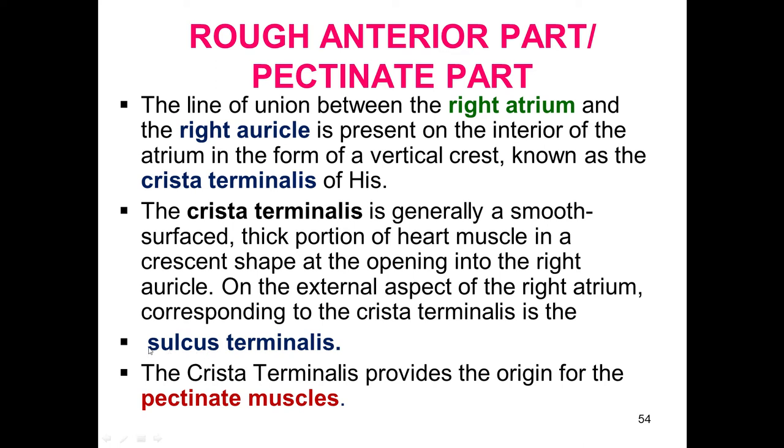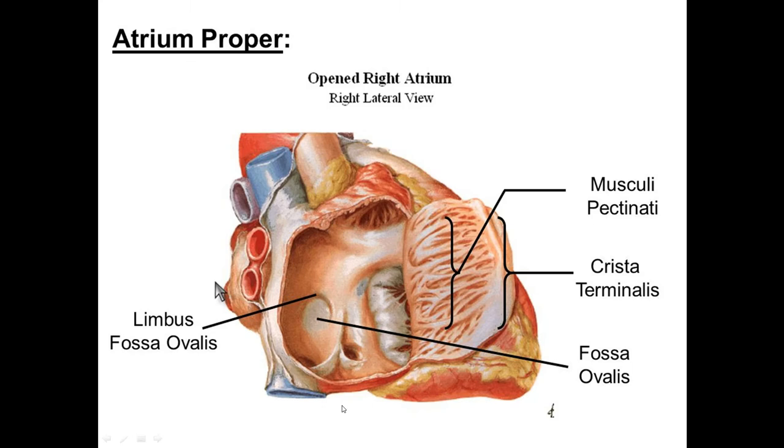So externally it is the sulcus terminalis, and internally at the same point is the crista terminalis. And this is the point which provides the origin for all the pectinate muscles. Let's see now. This is the crista terminalis. We've taken out the wall from this side, and we can see the crista terminalis. This is the point from which the musculi pectinati have emerged.